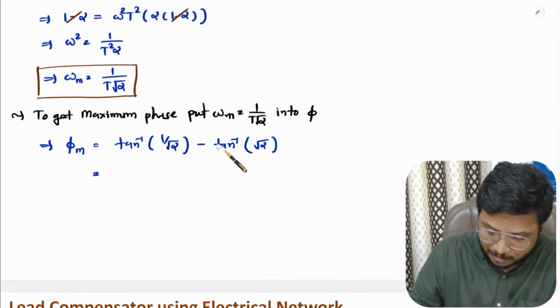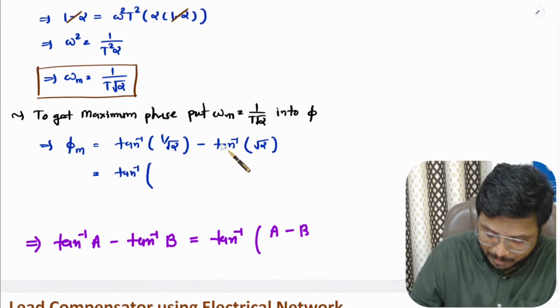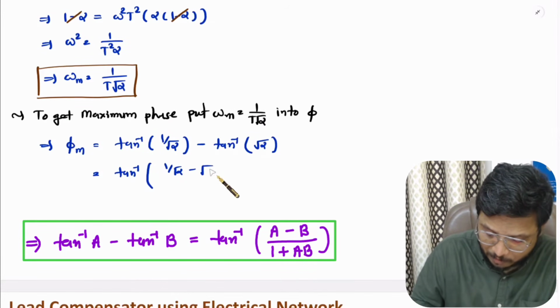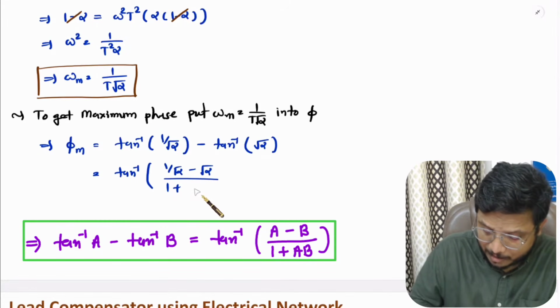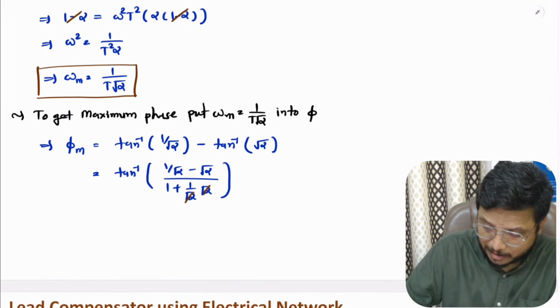See, this equation is similar to tan inverse A minus tan inverse B, that is A minus B, that is 1 divided by square root of alpha minus square root of alpha, divided by 1 plus AB, means that is 1 by square root of alpha into square root of alpha. See, this is getting cancelled. So in the denominator, we have 1 plus 1, that is 2, right?